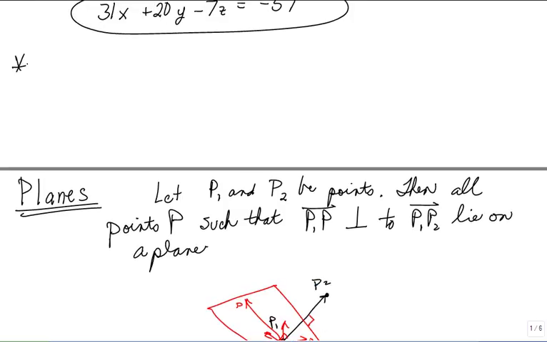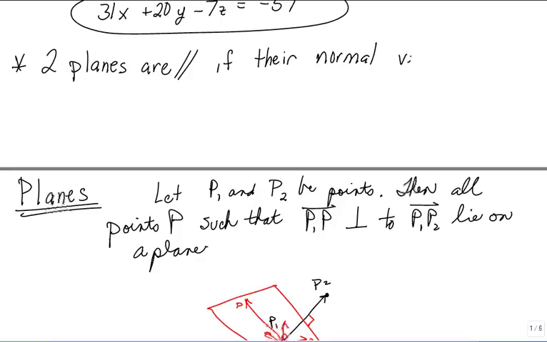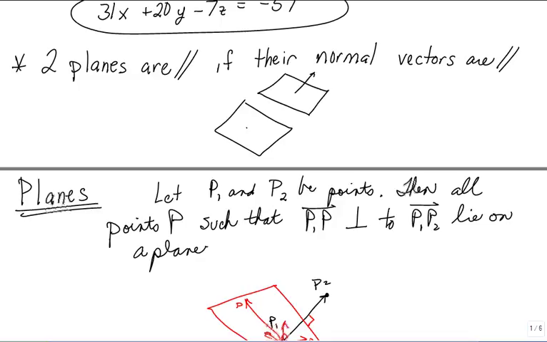Okay, two planes are parallel if their normal vectors are parallel. So we have a plane here and a plane here. They're parallel because their normal vectors are parallel. And if they're not parallel, they intersect in a line.